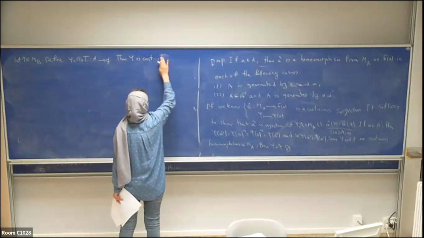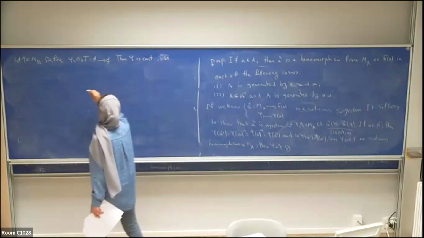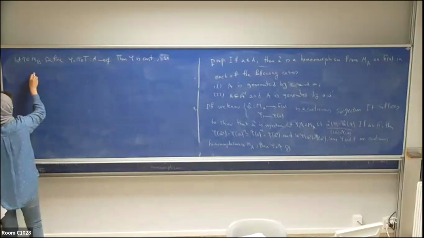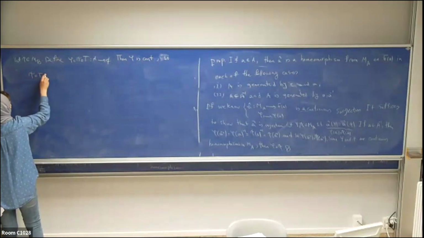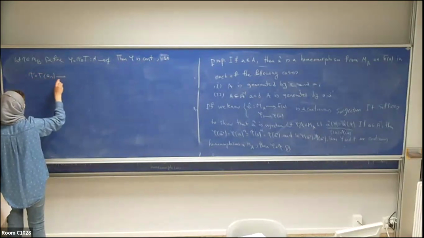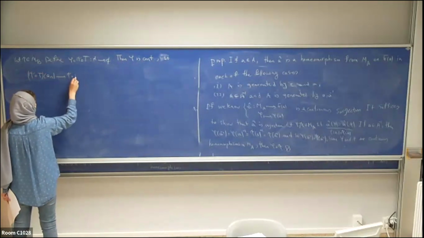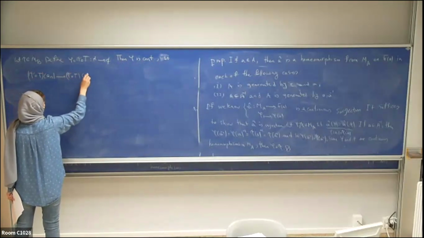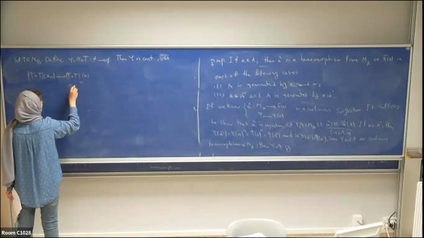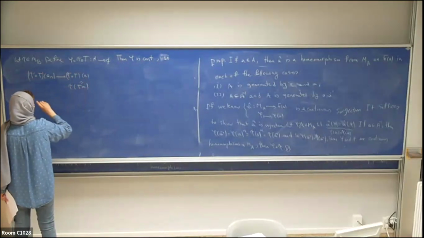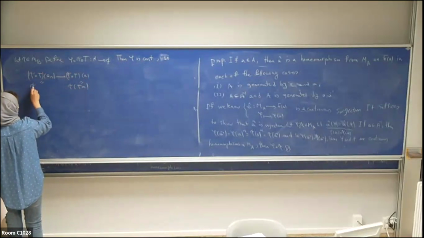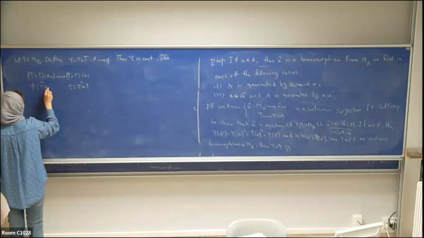Then psi of T of a_n, as a_n goes to a, goes to psi of T of a. This is psi of T of a, and this is psi of T of a_n.